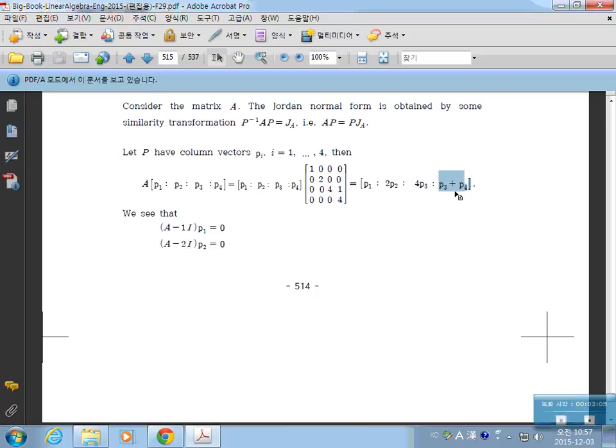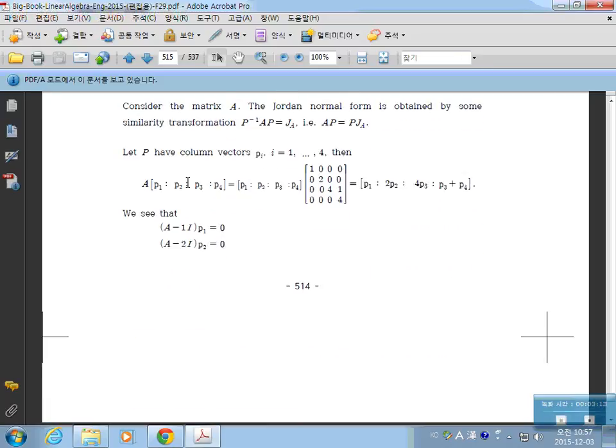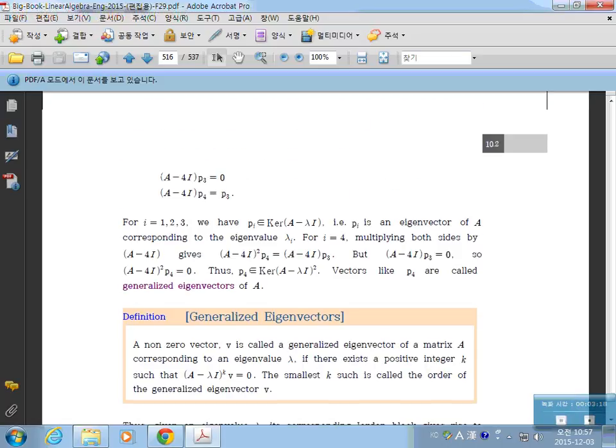This gives the motivation for the generalized eigenvectors and how to find them. From here, we can find a relationship like this. The first one, eigenvalue, eigenvector. Here eigenvalue, eigenvector. Here eigenvalue, eigenvector. But the last one is like this. This is the relationship that we found from P inverse AP equal to the Jordan canonical form.